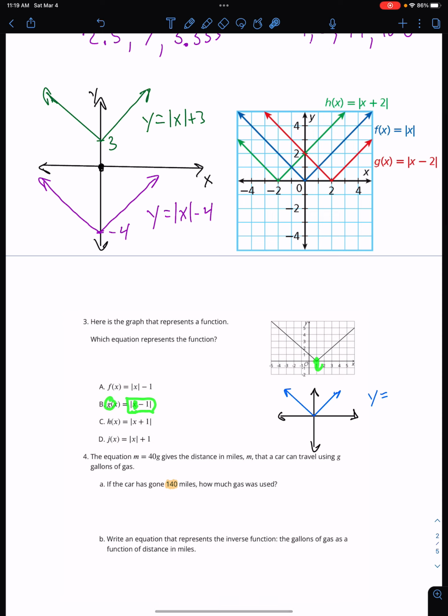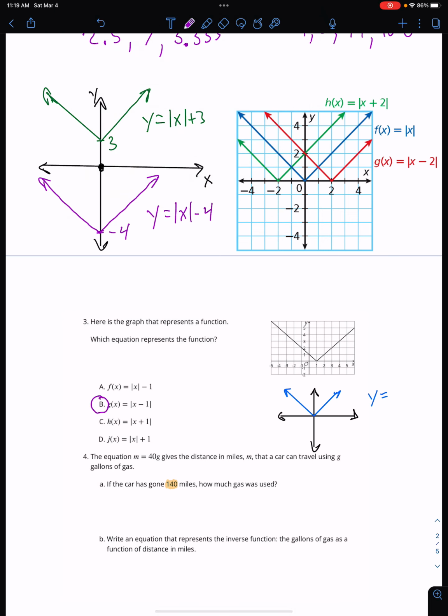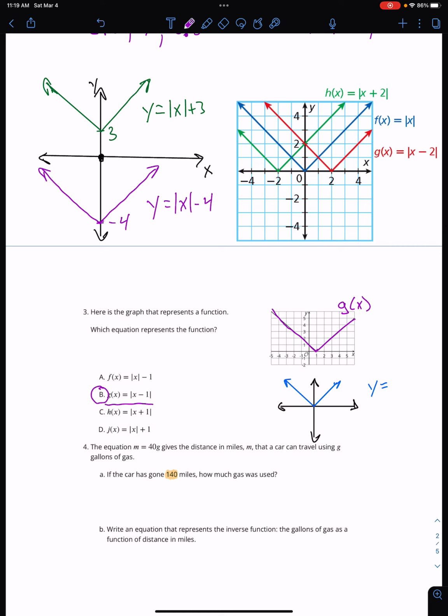Y would be 0. There's our new vertex right here. Bing, bada bing, bada boom. B is the answer we're looking for right here. We're going to circle this one, g of x. That right here is the graph of g of x. With this vertex at 1, it shifted to the right because we subtracted 1 from the inside of the house.